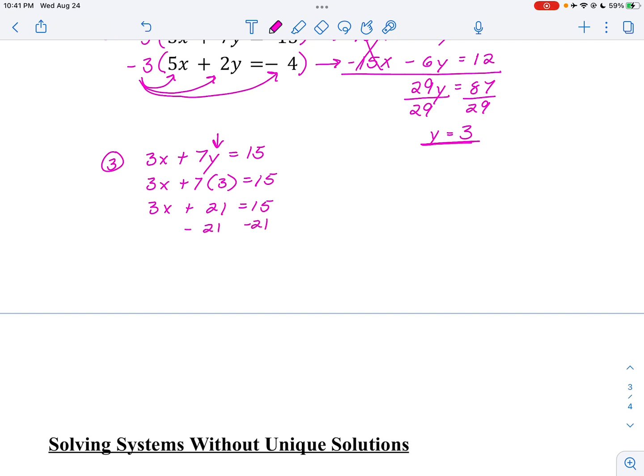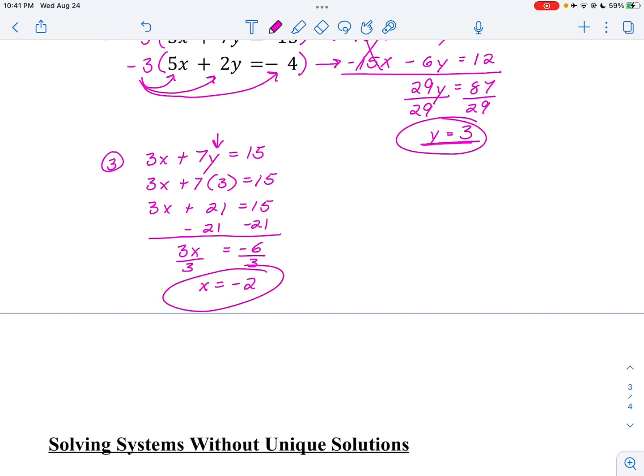I'm going to subtract the 21 first, and 15 minus 21 is negative 6. So that gives me 3x equals negative 6. Then I can finally divide by that 3 that's in front of the x, and I get x equals negative 2. So I have an x value, I have a y value, which means I'm done.